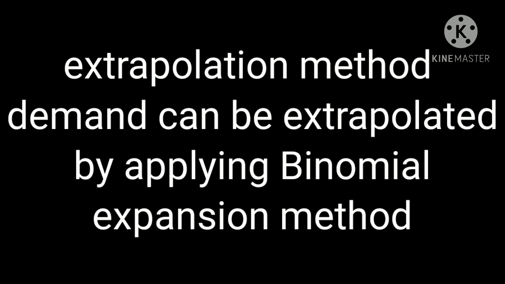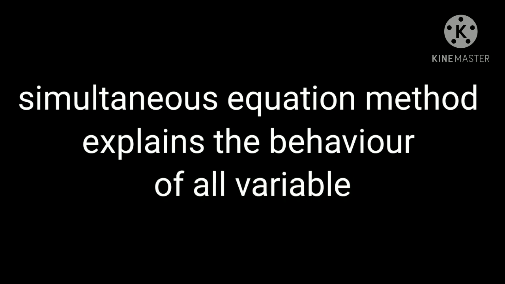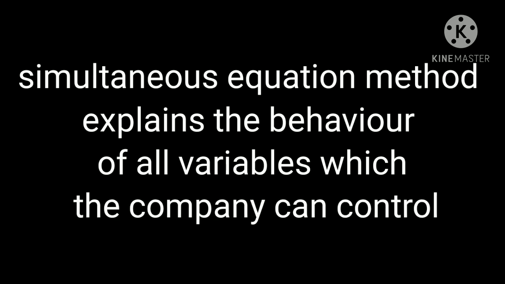Next one is simultaneous equation method. It is an econometric model. This method is used to explain the behavior of all variables which the company can control. In this model, only the future values of exogenous variables are required to be estimated. Exogenous variable is a variable that is not affected by other variables in the system. For example, in case of farming, variables like weather, farmer skill, seed, these all are exogenous to crop production.